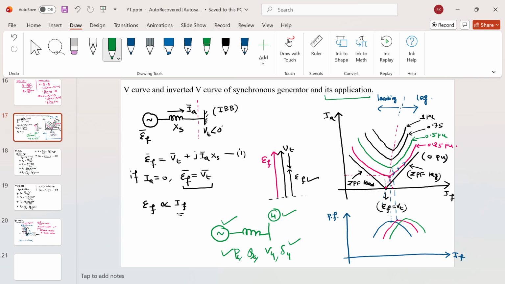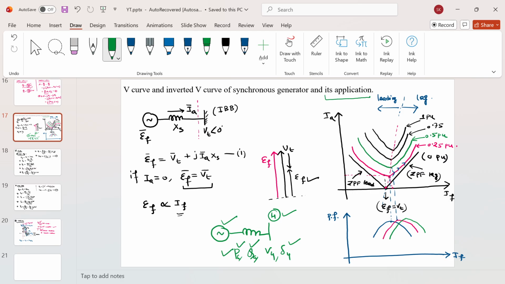Now, once you have the data of this V curve and inverted V curve, and also you know how much active and reactive power you have to deliver, you can, from this inverted V curve and V curve, adjust your field current such that you can fulfill the load demand. Obviously the active power should come from the mechanical side, but by adjusting the field current you can fulfill the P demand and Q demand also.